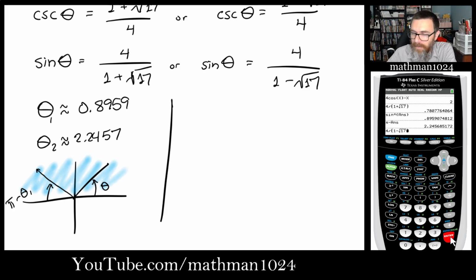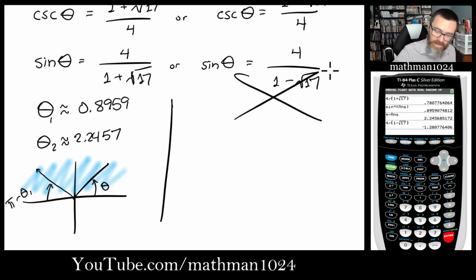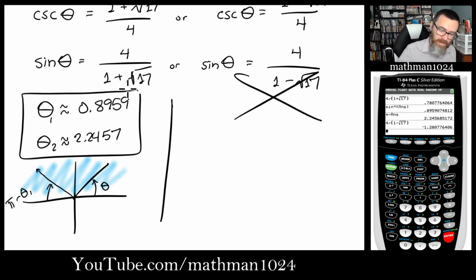Okay, now that's good. Now see, this gives me negative 1.28, which is outside the range that we can have for sine. Again, sine, just like cosine, has a range of negative 1 to positive 1. So there's no theta that's going to give you a sine of negative 1.28. It's not possible. So here, there would be no solutions, and this would be all that we have.